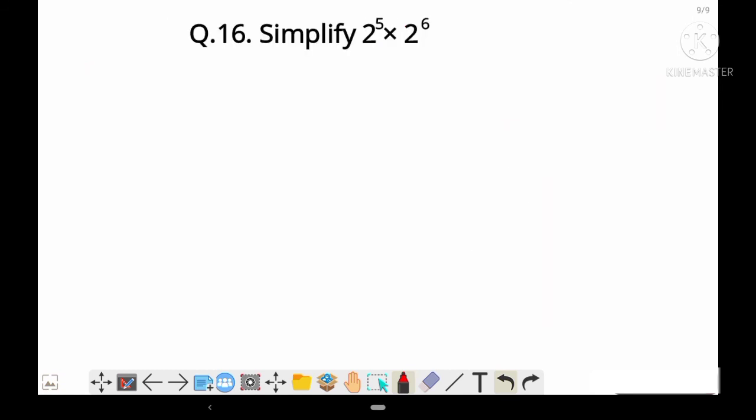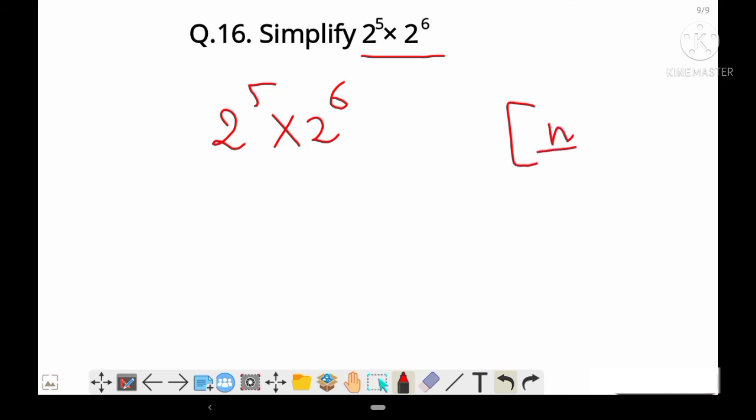Okay, so in question number 16, we need to simplify 2 raised to the power 5 and 2 raised to the power 6. So let me write here 2 raised to the power 5 and 2 raised to the power 6. So we know if the base is same, then the powers get added, right? So you can see 2 and 2, the base is same.